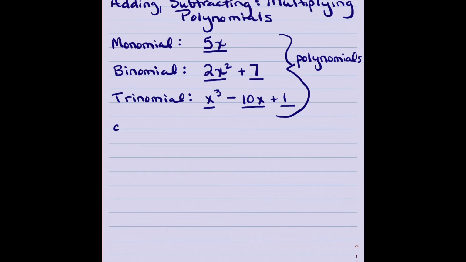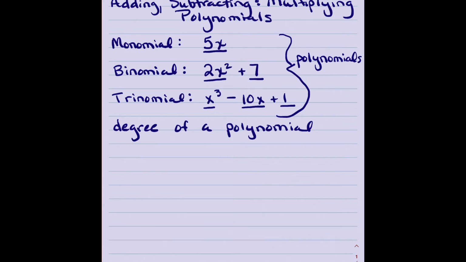Okay, we can talk about the degree of a polynomial. In the degree of the polynomial, we're going to add up all of the exponents. So, for example, if I'm looking at 5x, since that x would have a 1 on it, that degree would be 1. If I'm looking at 2x squared, the degree of that would be 2.